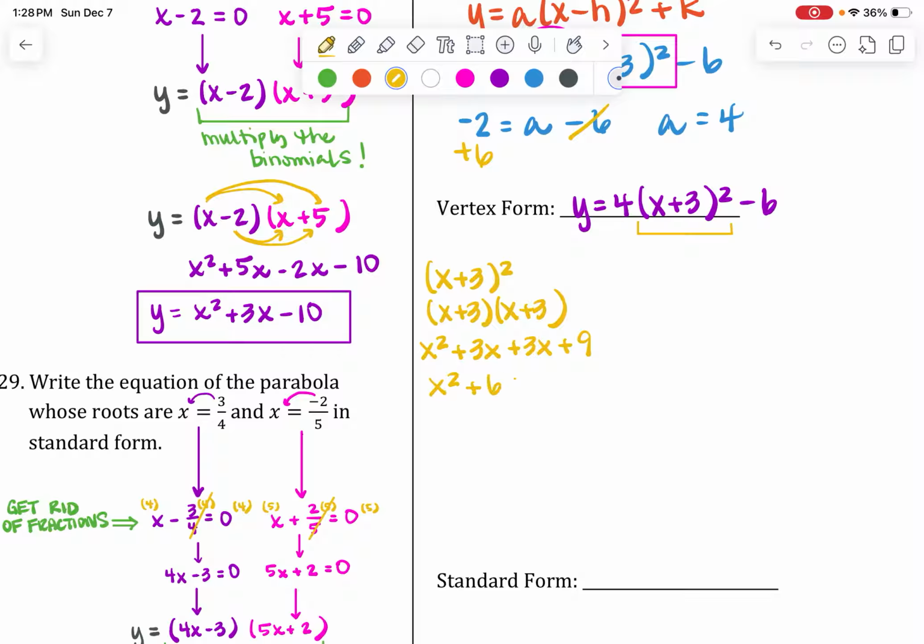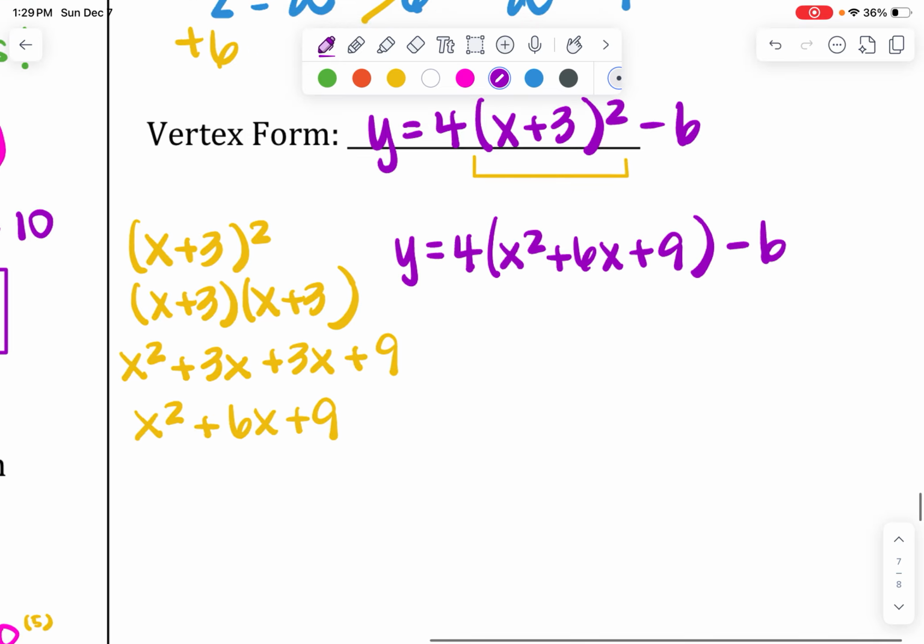That's going to give me x squared plus 6x plus 9. So now when I come over here, instead of 4 times all that, I'm going to type in x squared plus 6x plus 9 because I already expanded that (x plus 3) squared.